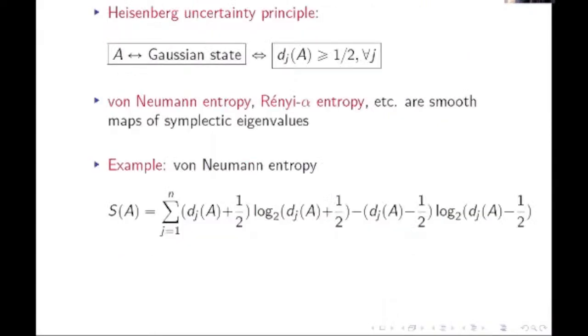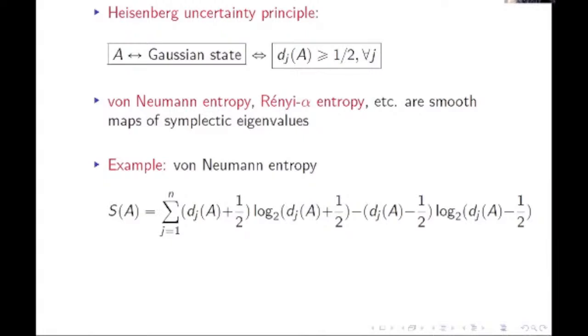To give you a few examples, we have the Heisenberg uncertainty principle, which states that a positive definite matrix A is the covariance matrix of some Gaussian state if and only if all its symplectic eigenvalues are greater than or equal to half. There are several entropy functions which are useful in giving measurements such as degree of entanglement and degree of mixedness.